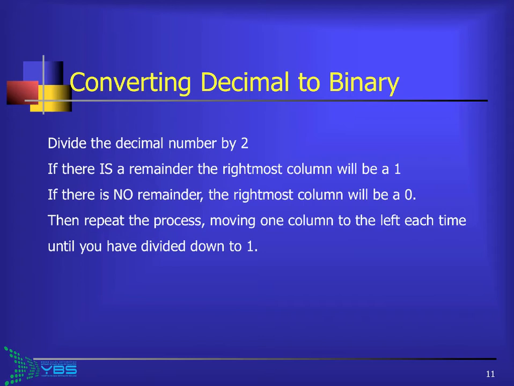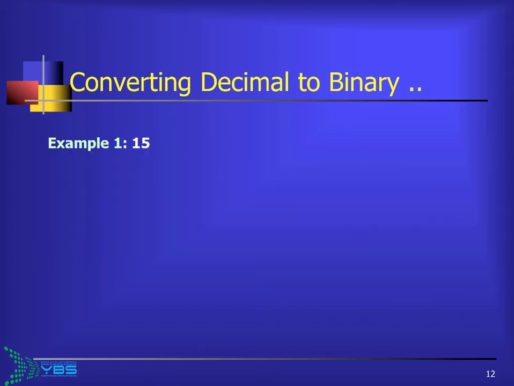If there is a remainder, the rightmost column will be 1. If there is no remainder, the rightmost column will be 0. Then repeat the process, moving one column to the left each time until you have divided down to 0.